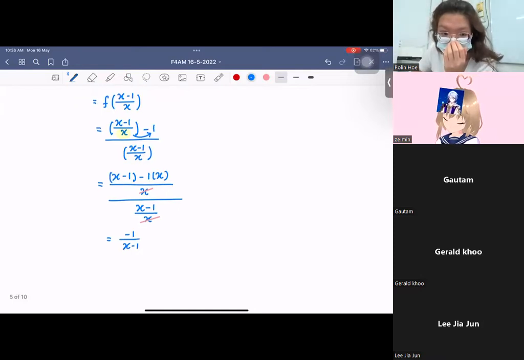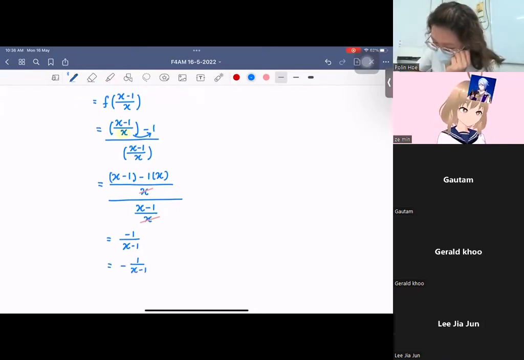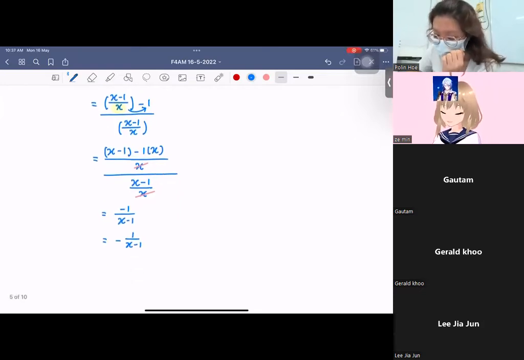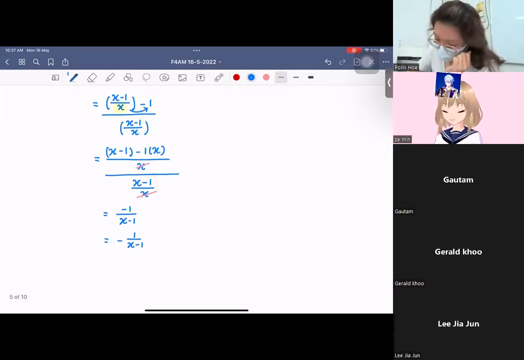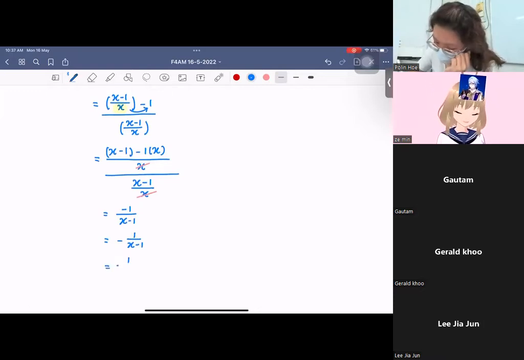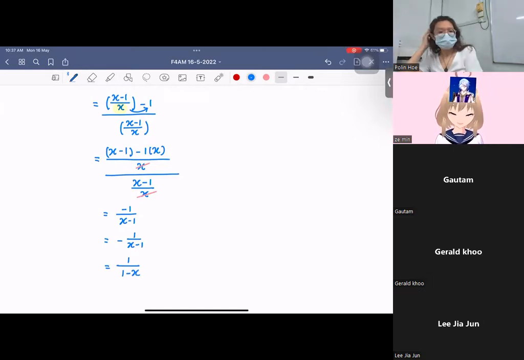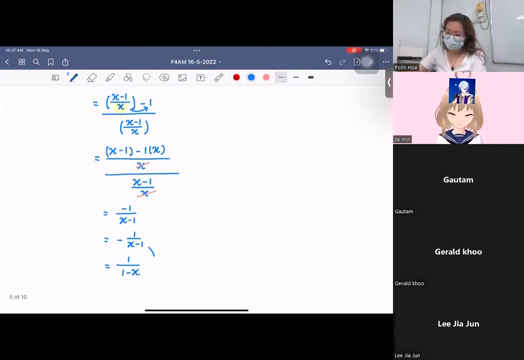Did you leave an answer like this? Nothing wrong, but it will be hard for you to do the second step. I will change it to this. Do you understand why?